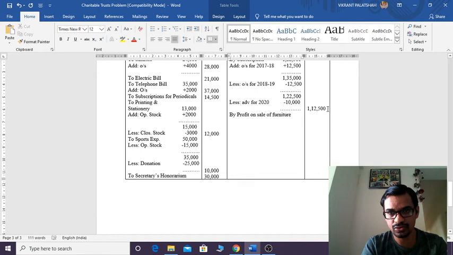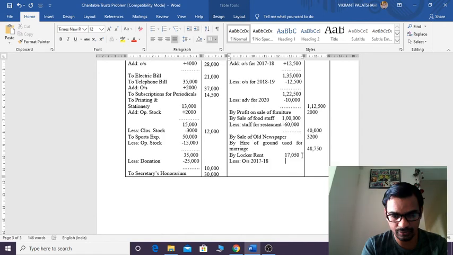It is 3,050. That is deducted from 17,050. So 17,050 minus 3,050, how much is left? It is 14,000. Therefore, write down that 14,000.